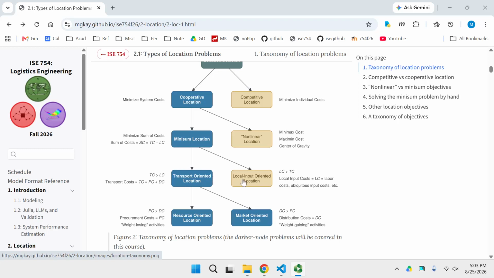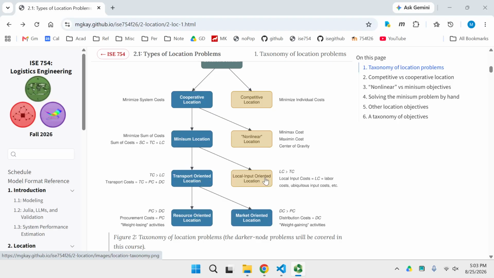If that's not the case, then all of that gets grouped into what can be termed local input-oriented location. Most real problems have a mix of transport and other local input related location issues, but we're going to be focusing primarily on the transport oriented where they dominate.